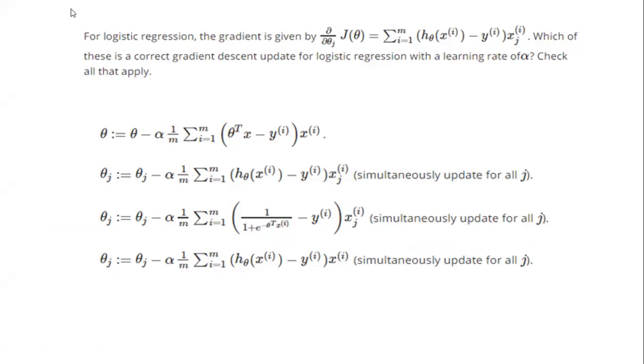Theta means all the parameters together. So I have to differentiate that. It is given by finding the difference between the sigmoid output and the actual output, multiplying that by xj, which is the x value. This is one way to write that.